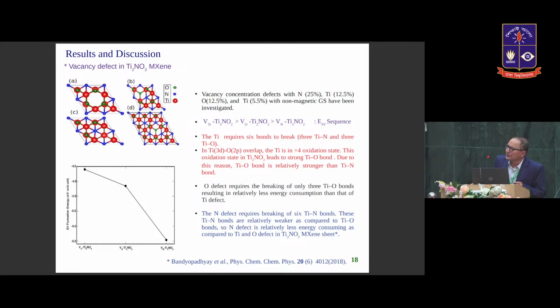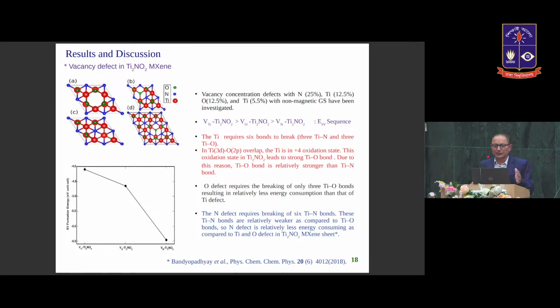Then when we are seeing the formation energy structures, that shows Ti vacancy is more stable than that of the other one, but all systems are unstable in nature.